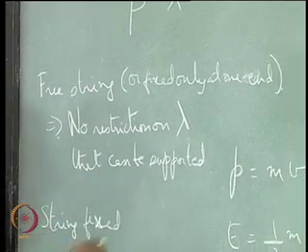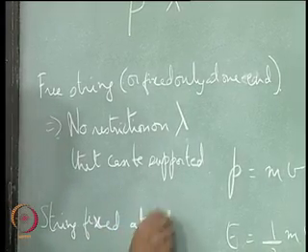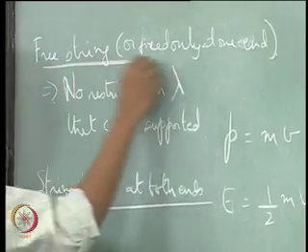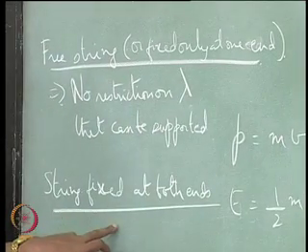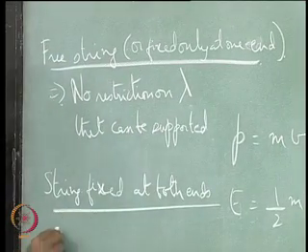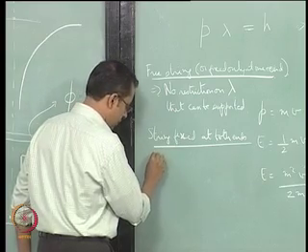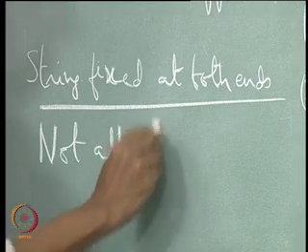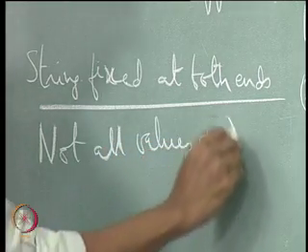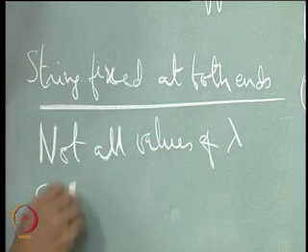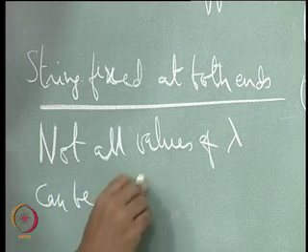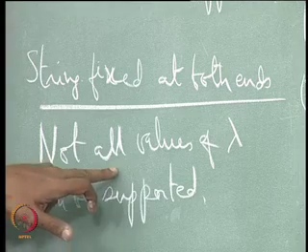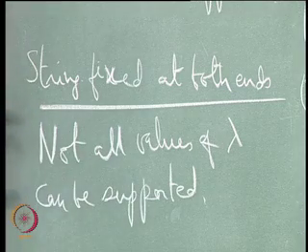A string that is fixed at both ends, we find that first of all not all values of lambda are supported. That itself is a very important piece of information, the fact that not all values of lambda can be supported.